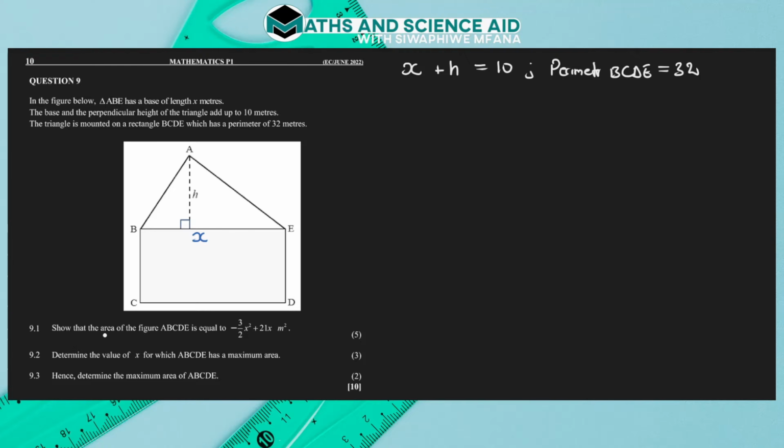9.1. Show that the area of the figure ABCDE is equal to this expression, meters squared. Okay, very interesting.